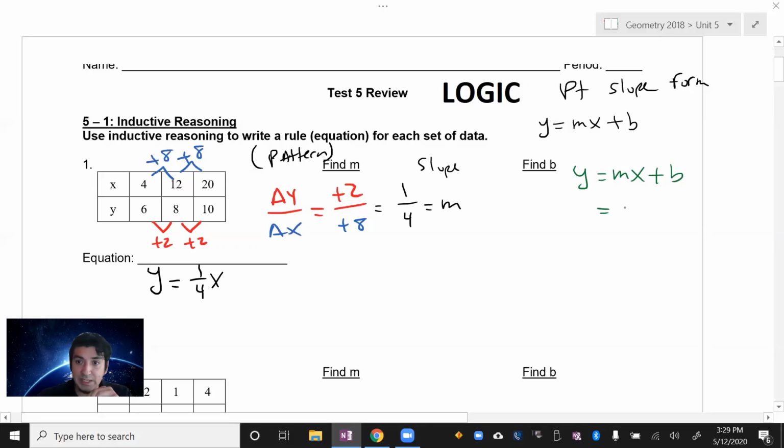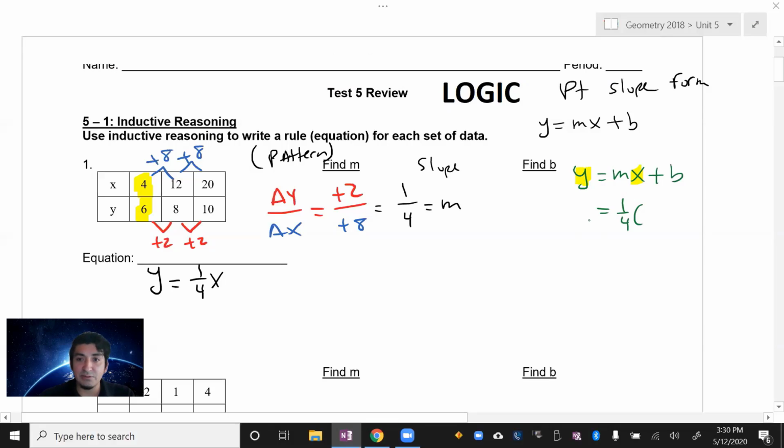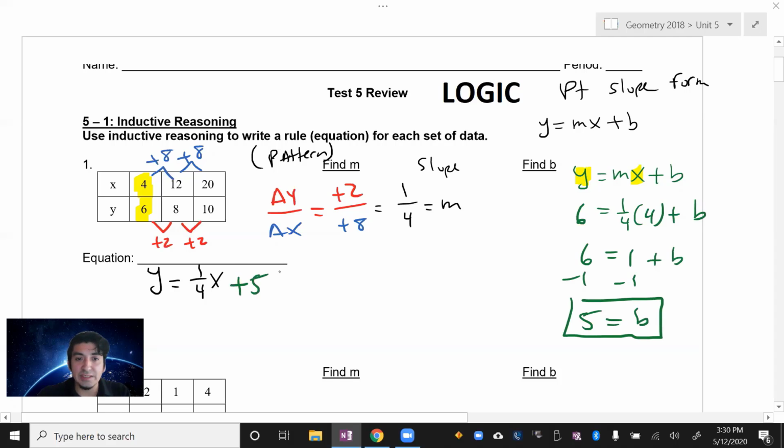I know that m is 1/4, and for my x and y, I can pick whatever points I want, so I can pick the easiest points. So I have my y, which would be 6, and then my x would be 4, and then plus b. Now from here, 1/4 times 4 is simply 1. Then subtract 1 on both sides, and you get b is equal to 5. Okay, so there you go. Now you have plus 5, so you have your equation that you can build from it.